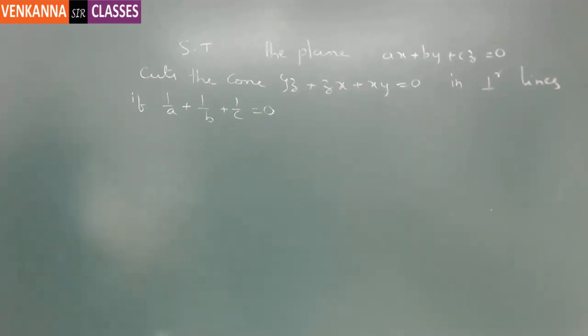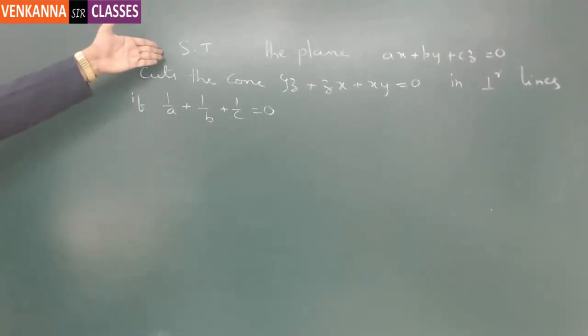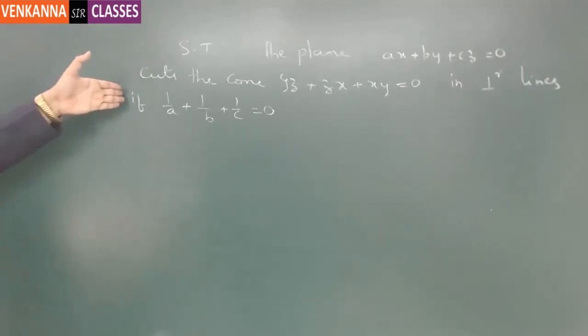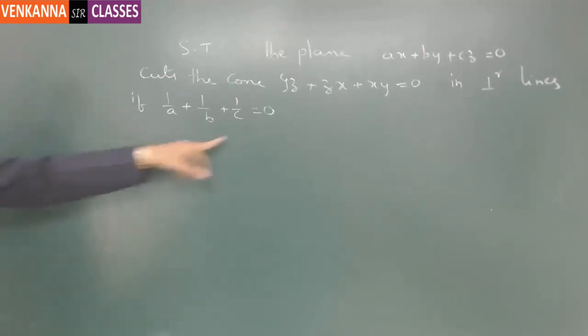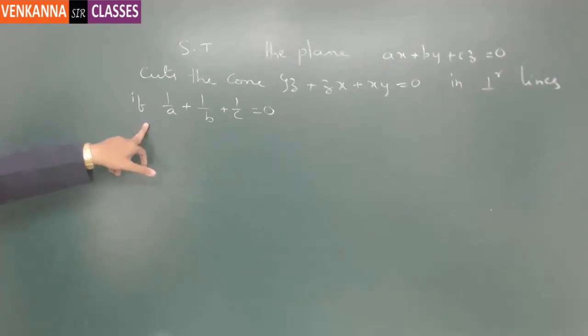Now let us consider this problem. We have to show that the plane ax plus by plus cz equal to 0 cuts the cone yz plus zx plus xy equal to 0 in perpendicular lines if this condition is satisfied.